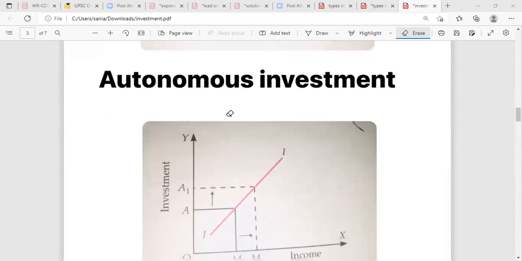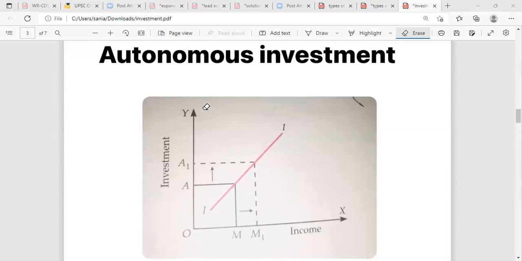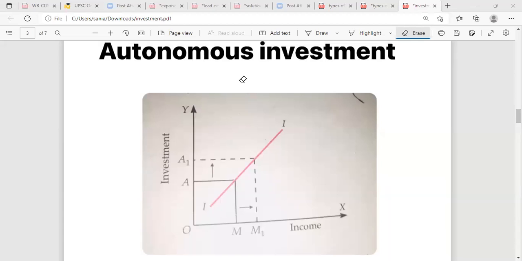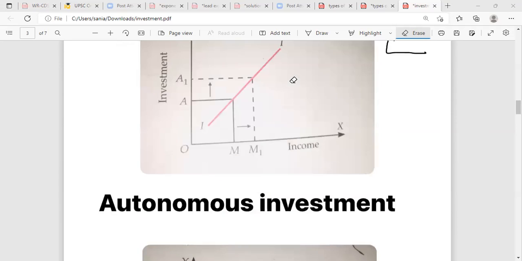So now first of all, we'll draw the graph. The autonomous investment graph. So you can quickly draw this. Wait, students, don't draw this.